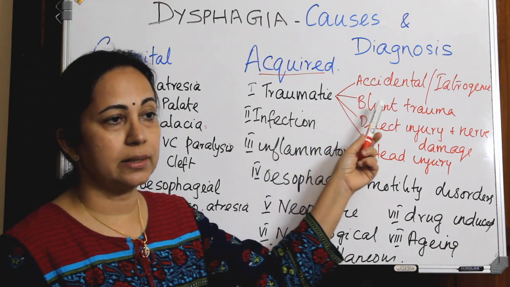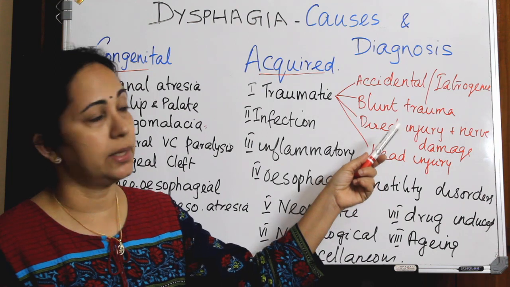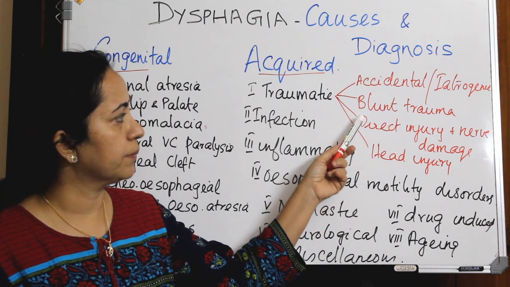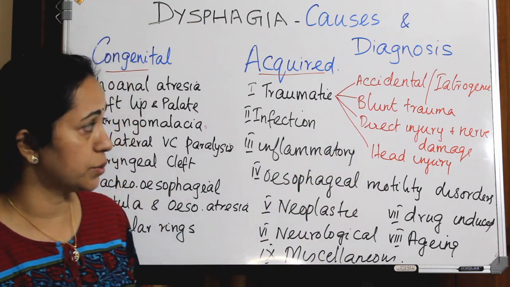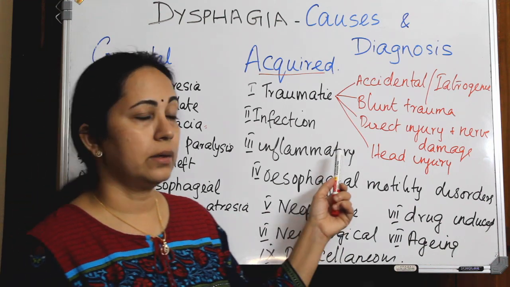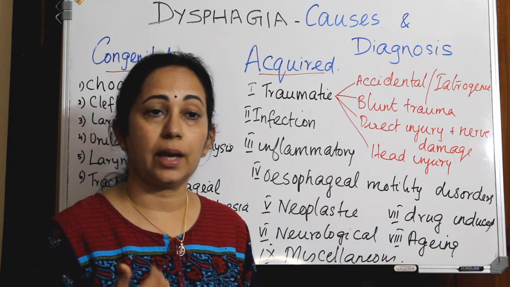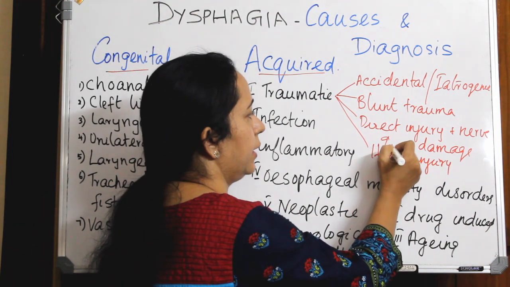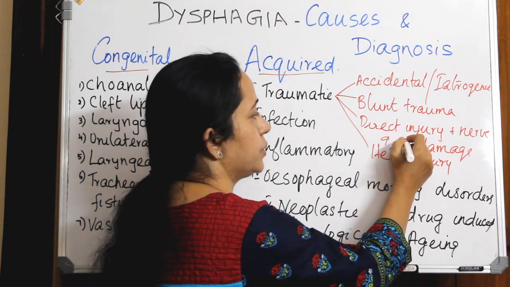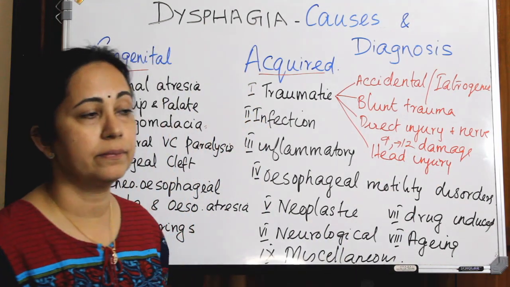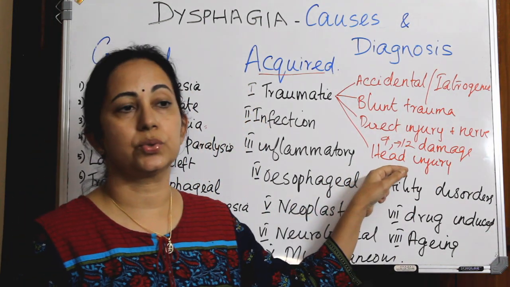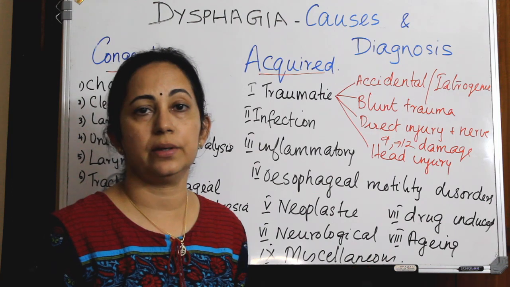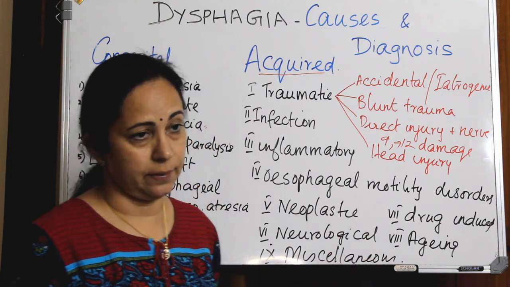It can be accidental or iatrogenic, something related to treatment or surgeries, or can be due to blunt trauma, or can be due to direct injury and cranial nerve palsy, especially damage to the 9th to 12th cranial nerves. And head injury is also one of the commonest causes of dysphagia.